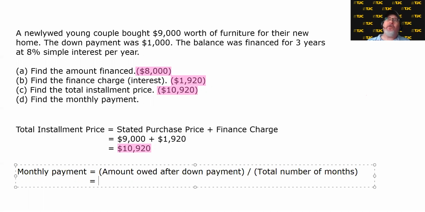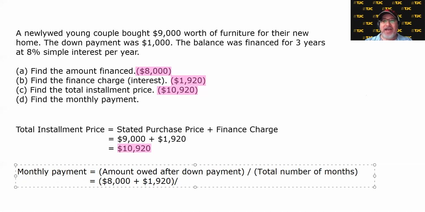Again, you got to be very careful. When do you include a down payment, when you don't? When I'm calculating the monthly payments, I don't need to pay the down payment again. The amount that I still owe you after the down payment is the amount financed. So I still owe you $8,000 because I only paid $1,000 plus the $1,920 in interest that I agreed to pay for financing this.